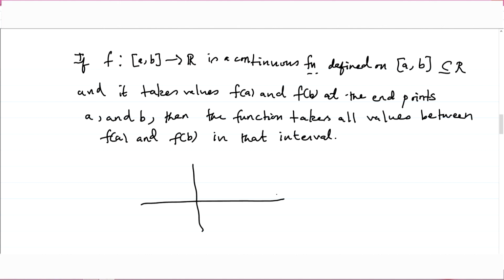If y equals f(x) is a continuous function and it takes values f(a) and f(b) at the end points a and b of a subinterval of the real line, then the result says it takes every value between f(a) and f(b) in the interval [a, b].